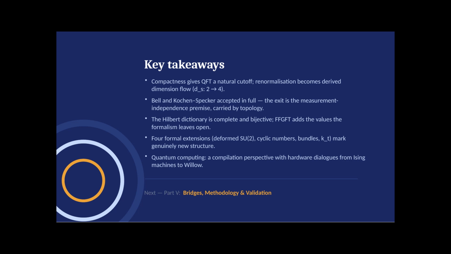Slide 44. Part 4. The short version. Field quantization on the torus gives finite mode sums for free, thanks to compactness, no regularization juggling. The dimension flow, 2 up to 4 from small to large scales, follows necessarily from the duality and from df equals 3 minus Greek x. On Bell, it's a topological exit, not a contradiction.